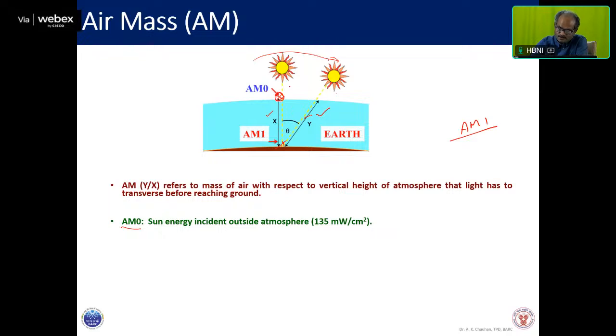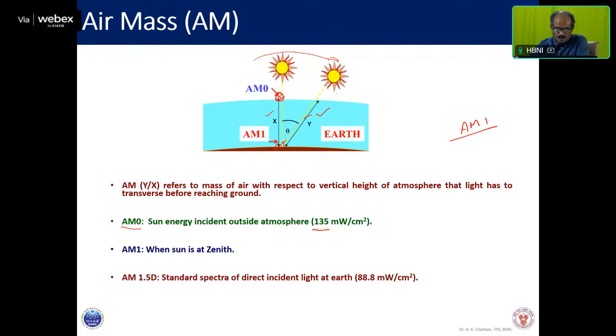So here we receive about 1350 watt per meter square, or 135 milliwatt per centimeter square energy. And what is AM1? AM1 is when the sun is at the zenith and it travels the same distance. This I have already told.